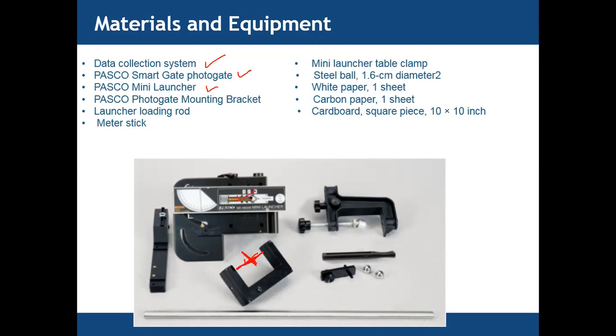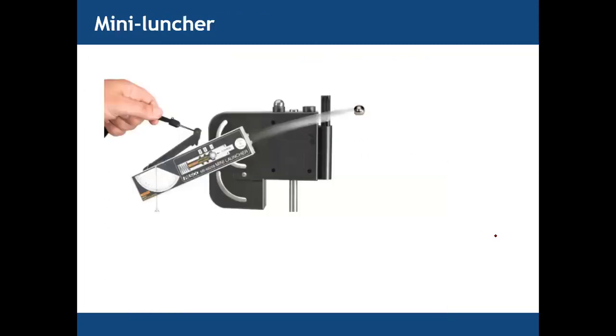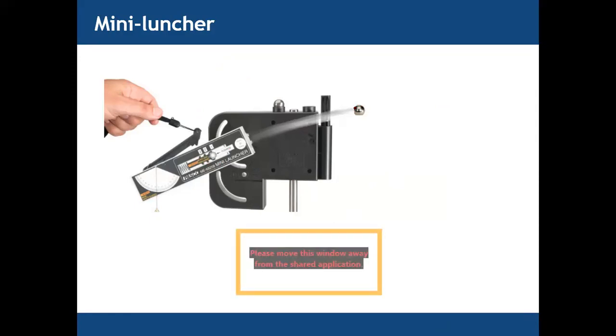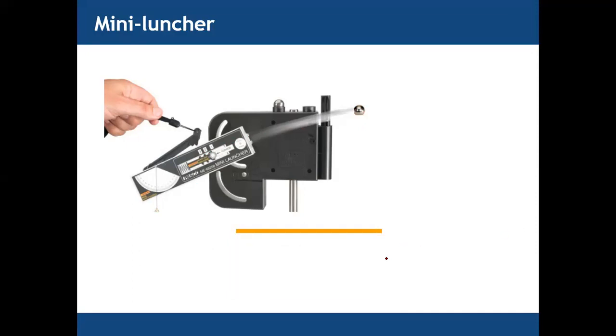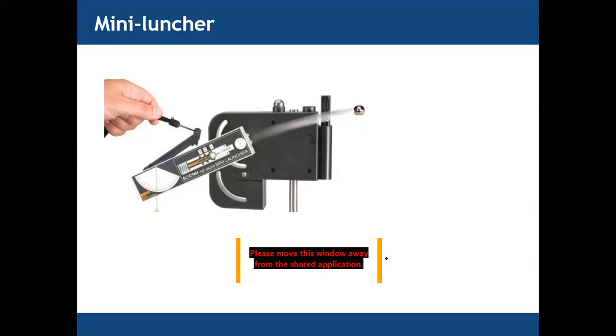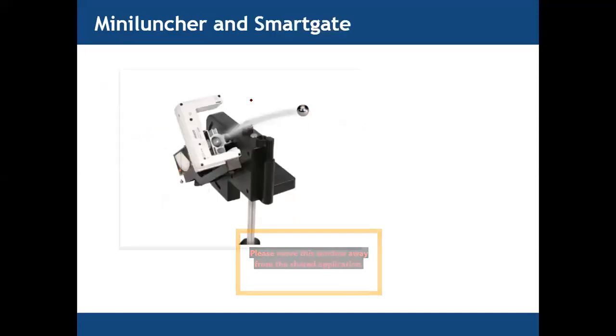This one is the mini launcher. What is the mini launcher and what is the smart gate? This one you can see is called the mini launcher. It launches small particles, you can say masses, for example cylindrical-shaped bodies or balls, in two-dimensional space. Also, we have the smart gate.